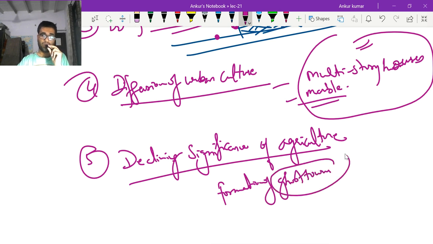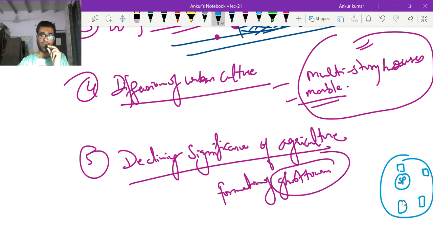So the earlier culture center, for example, let us say this was a special part, a temple. Around this, rich people were living who were basically owning the farmland. Now farmland is not giving that much profit, so the children of these households started migrating into the urban areas. As the children migrated, parents also went with their children, leading to the formation of a kind of ghost town around the special part, where people were not living, just empty houses with locks hanging there.